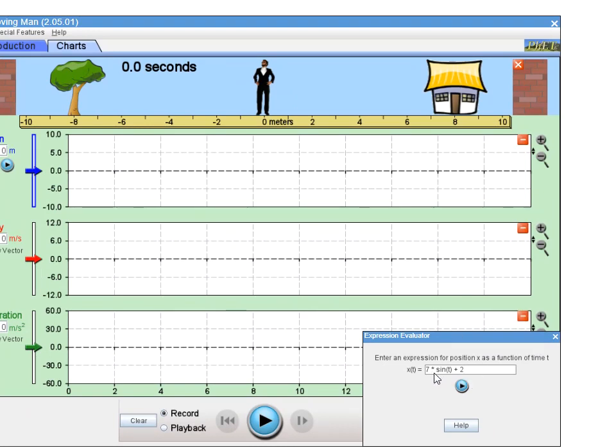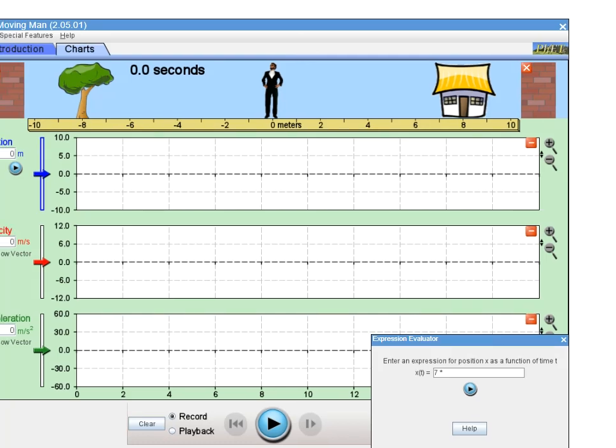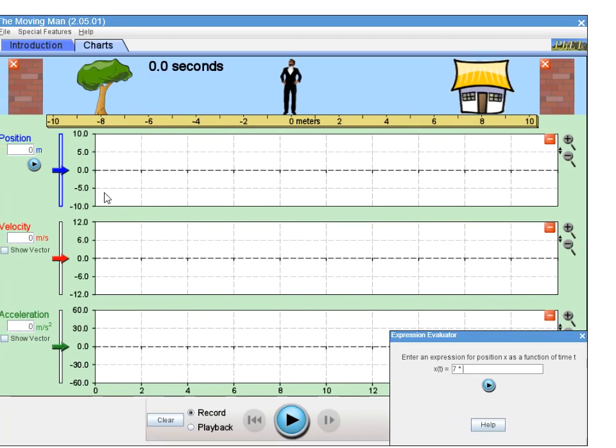It's already got this formula 7 times sine t plus 2. The 7 here is the amplitude of the position. So if I have a 7 in there, it's going to go up to 7 and then down to -7 if I put a sine function in here.